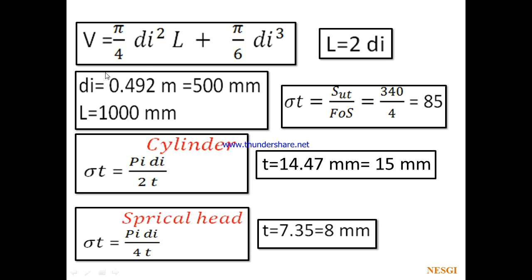Suppose if you substitute value of V in meter, you will get value of Di in meter. It is 0.492 meter. That means it is 492 mm. So you can take it as 500 mm. And if your diameter is 500 mm, length will be equal to 2 times diameter. So it is 1000 mm.